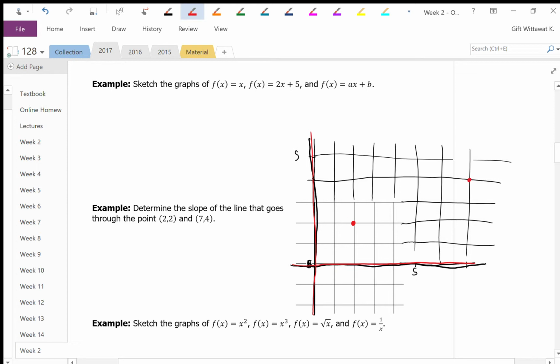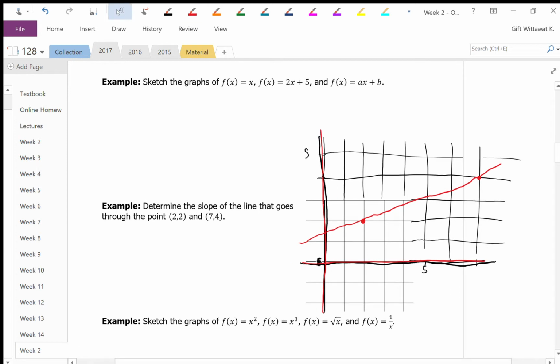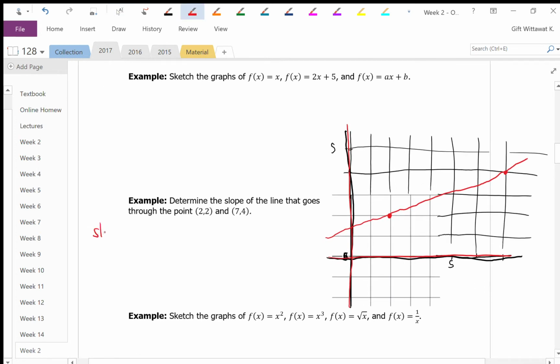So I would like to find the slope of this line. Now, you can use the slope formula that I hope you are already familiar with. That would be y1 minus y2 over x1 minus x2.